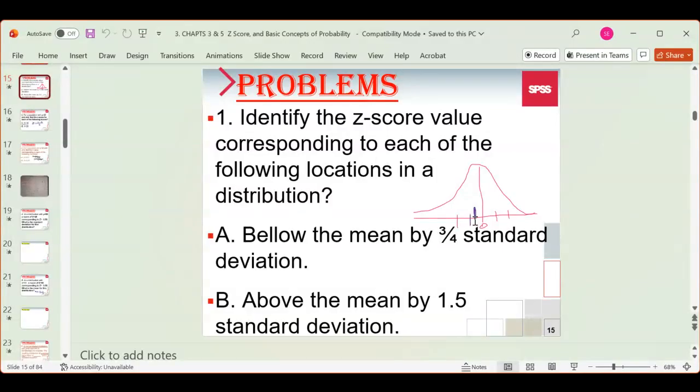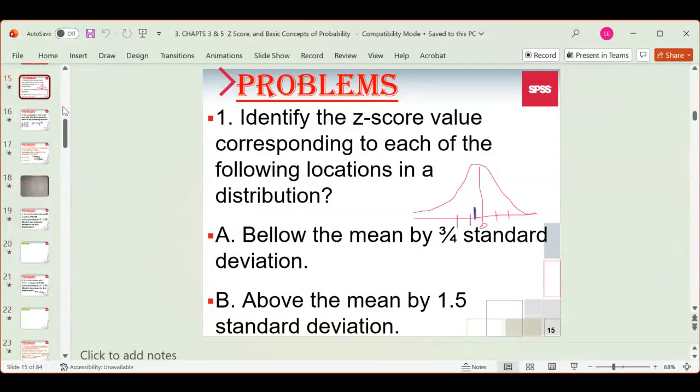The other one says above the mean by 1.5 standard deviations. So above the mean is 0, and you see 1, 2 standard deviations above. Right there between 1 and 2 on the right side, right in the middle, that would be 1.5 standard deviations above the mean.